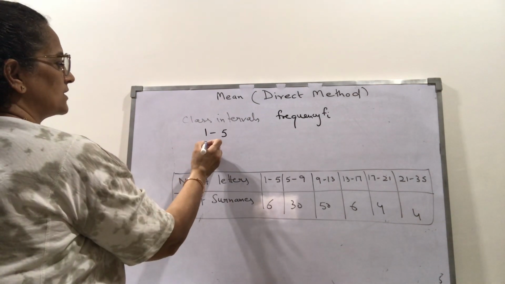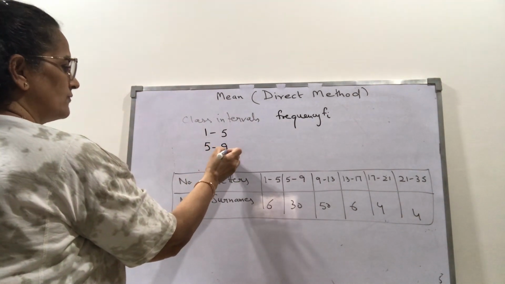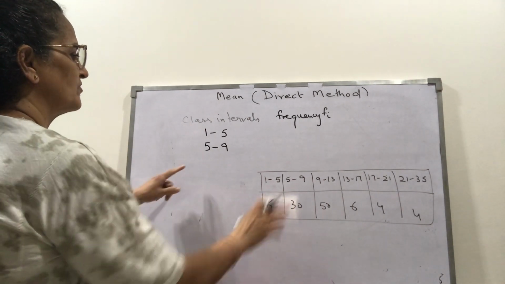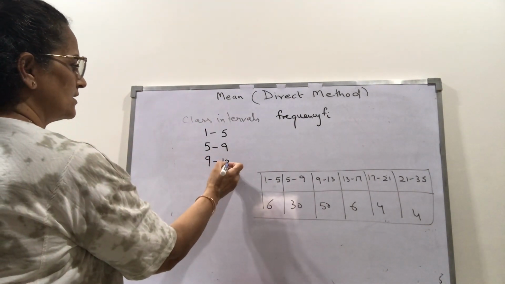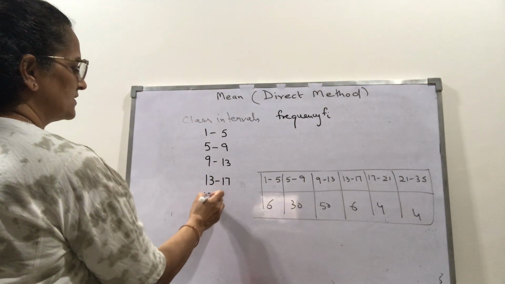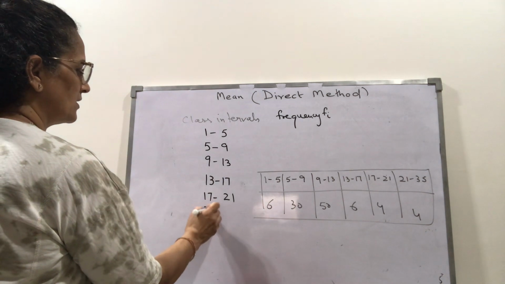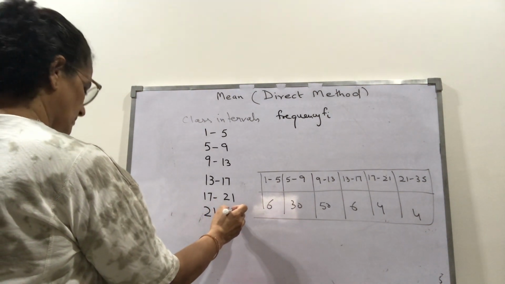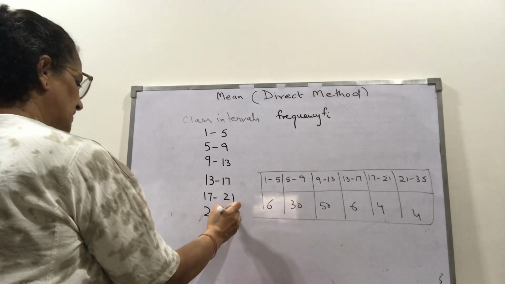So I am copying the class intervals first: 5 to 9, 9 to 13, 13 to 17, 17 to 21, 21 to 25.